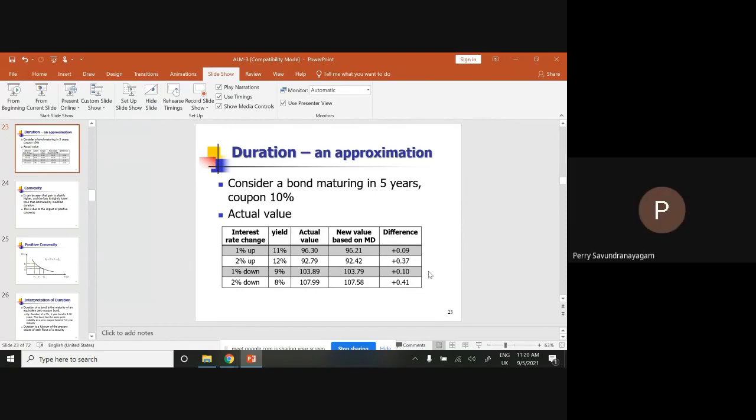If market rates are going up, the person with the lower duration will benefit if yields go up, because then his loss is less. If yields come down, then the guy with the higher duration will benefit more, because interest rates have gone down, price has gone up, he has a higher duration, he has a higher return. Okay, sir.